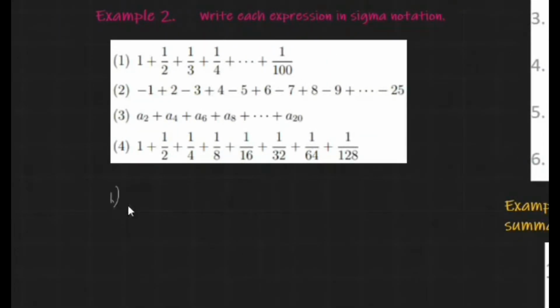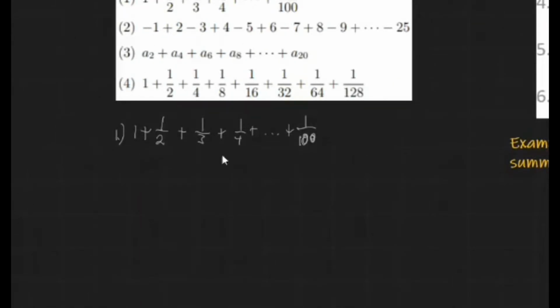For number 1, ito ay 1 plus 1/2 plus 1/3 plus 1/4 plus 1, 2, 3 tapos plus 1/100. Oh, mabat mo 100. Okay. So kapag ganyan, ano kaya yung formula na maaaring bigay dito? Tapos pansinin niyo yung denominator. Yung denominator lang yun na bago.